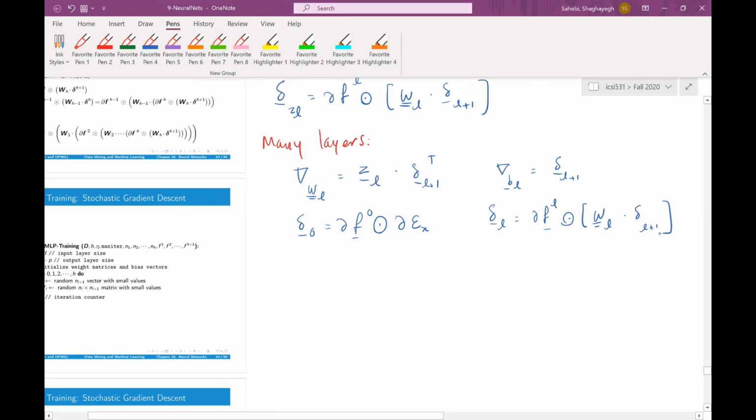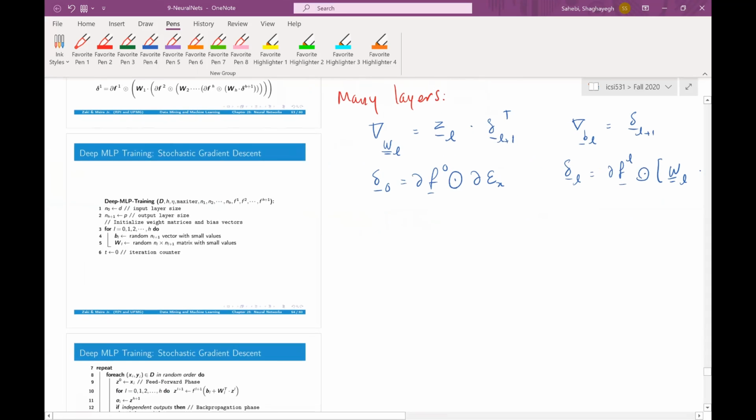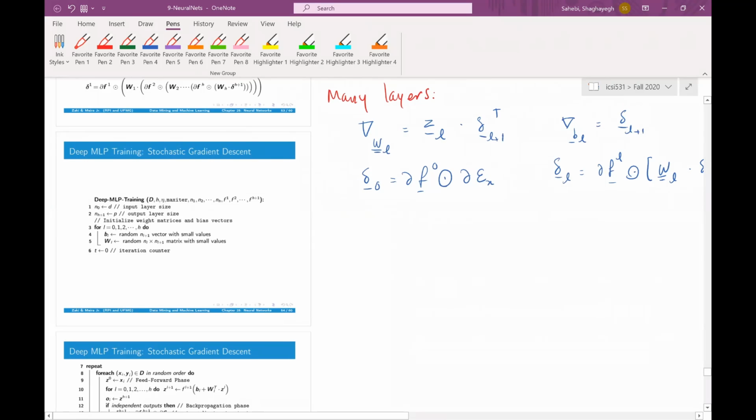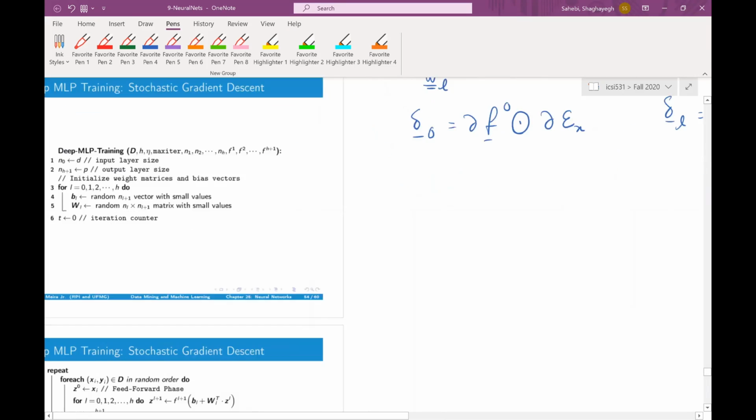Right. So using these, we can have a generic MLP and learn an MLP that has multiple hidden layers, more than one hidden layer.